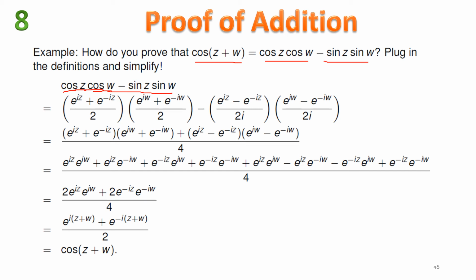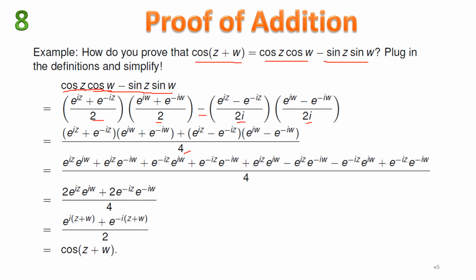Cos of w is e to the iw plus e to the minus iw upon 2, minus, and similar things I am putting for the sines. And here 2 into 2 is 4, and 2i into 2i is 4i squared, that is minus 4, and minus 4 into minus, so we have the denominator common, that is 4, and we have to expand this bracket.